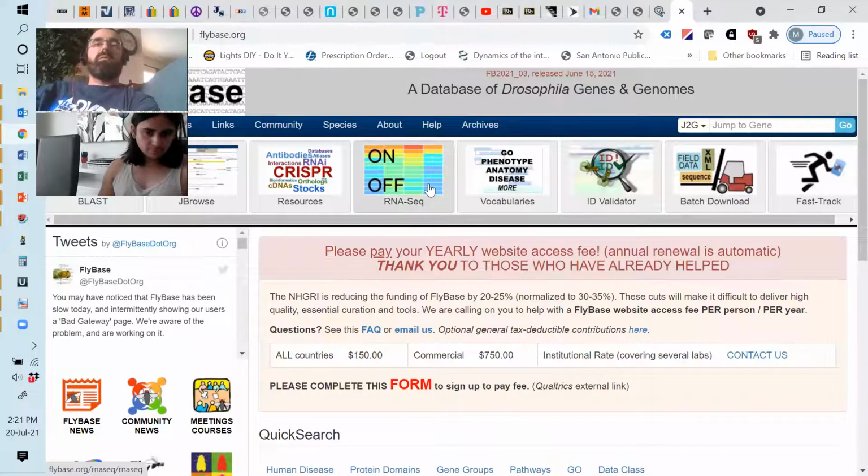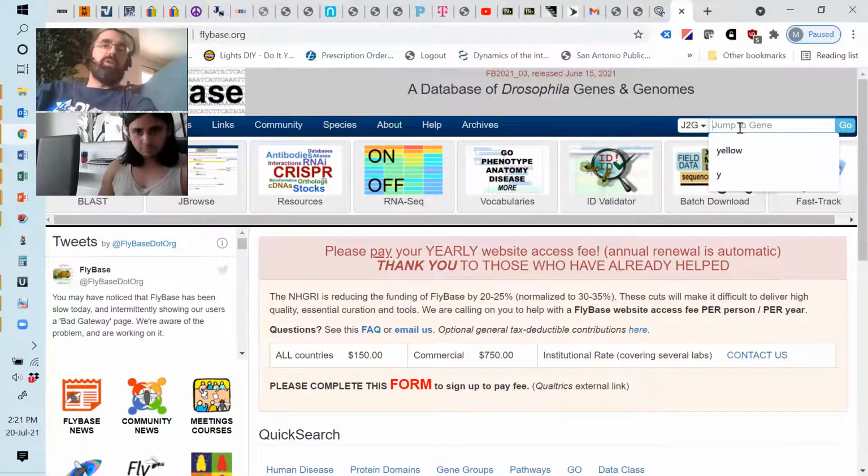Anyway, we're not going to dip our toes too deeply into the water. We're going to use basically the search function, which is similar to the one I showed you for Wormbase. Oh, look at that. It's even got an autofill because that's the only gene I've ever looked for on Flybase, at least recently. And so you type in the gene that you're looking for here.